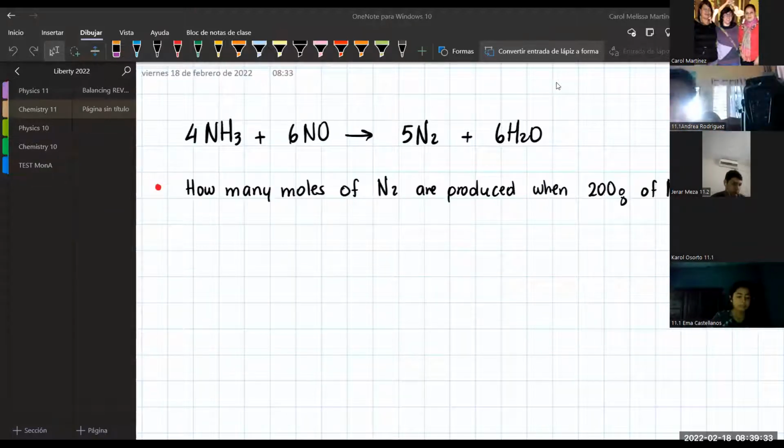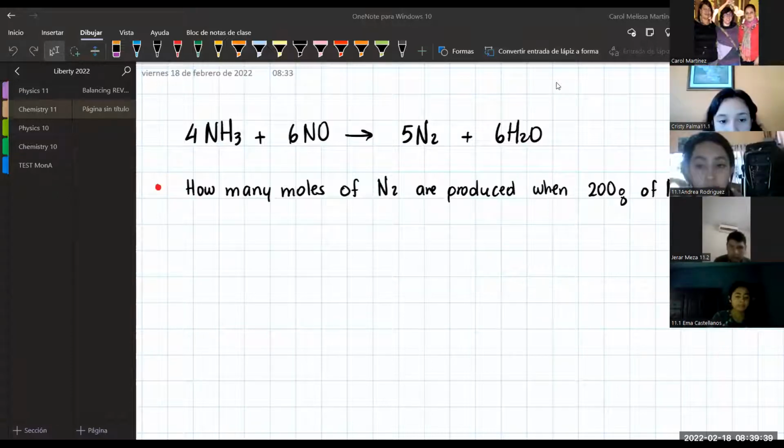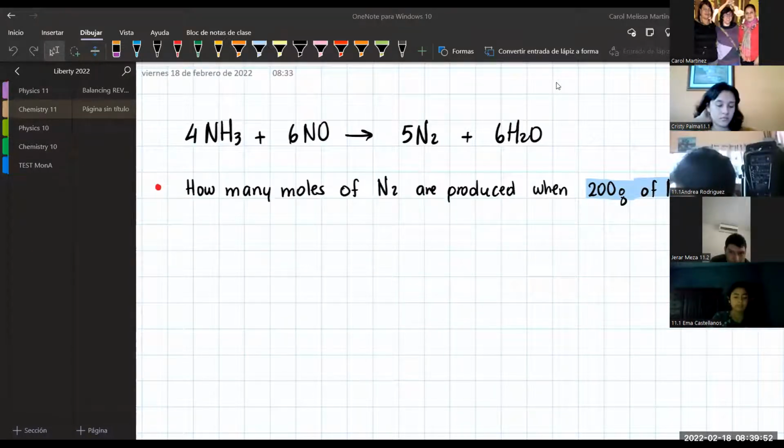What is given in this problem? 200 grams. Okay, 200 grams is a given, but we also need to specify the substance. The substance is NH3.